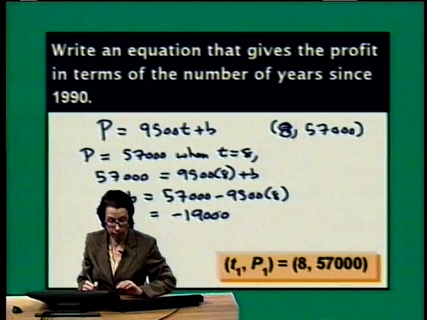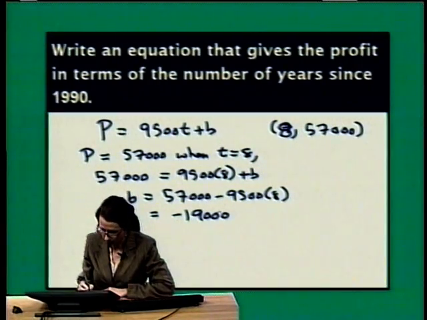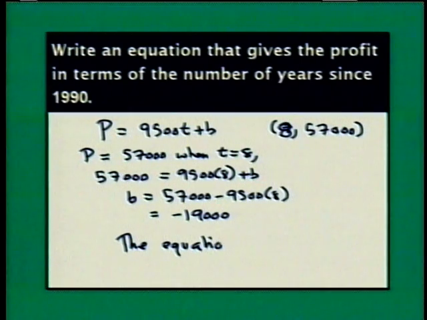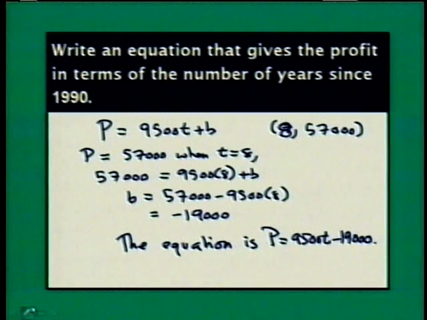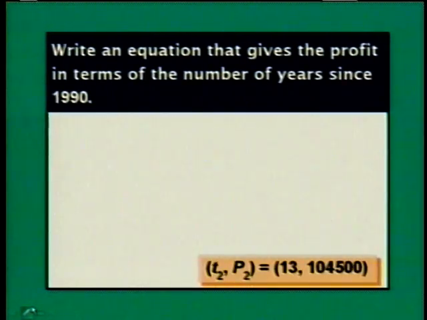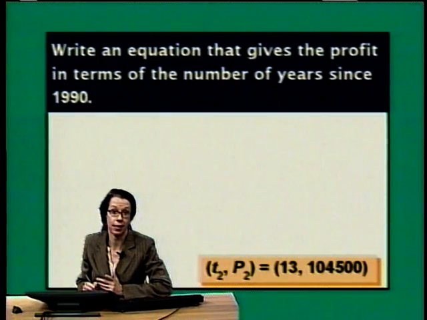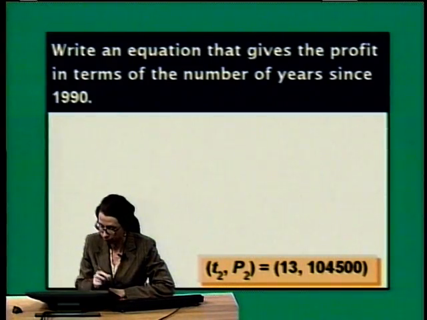So I have a model. The equation, or model, is P equals 9,500 T minus 19,000. Now I still want to check. To check, I can use the other ordered pair and make sure that it satisfies my model.